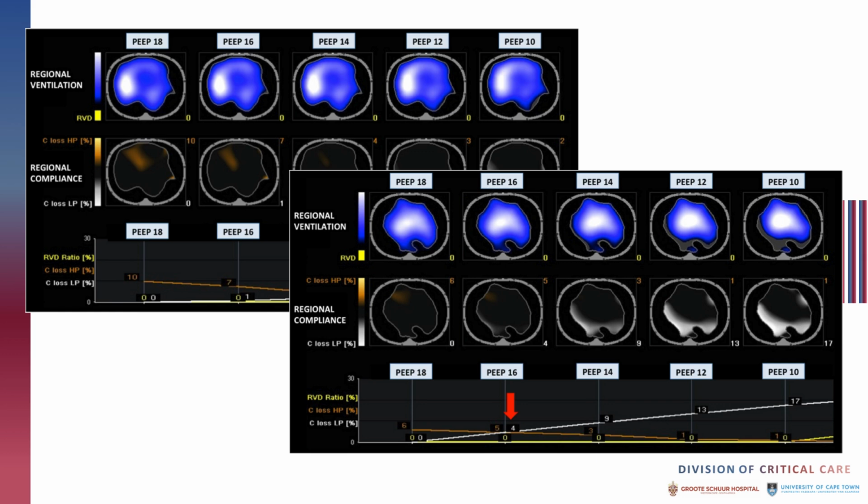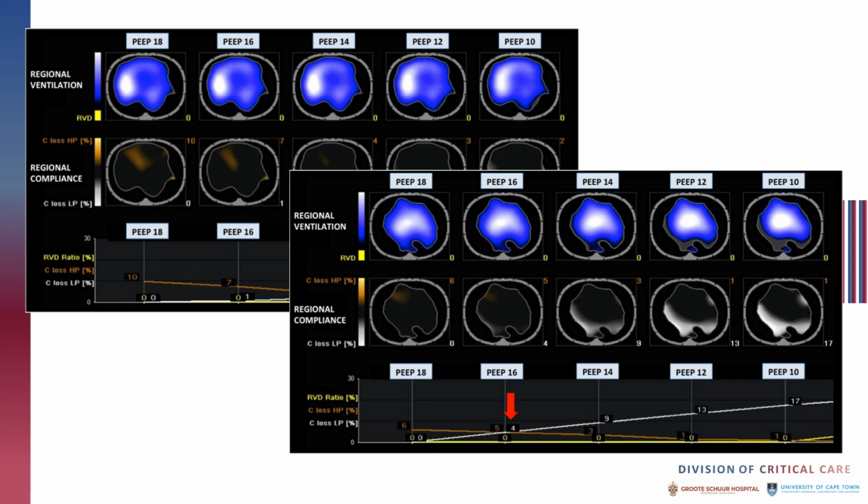So essentially what we're seeing when we're looking at the EIT is where ventilation is distributed in the lung. And obviously that would correlate with gaseous exchange. I'm not going to go into EIT in a lot of detail. I'm happy to talk about it if we have any questions about it.